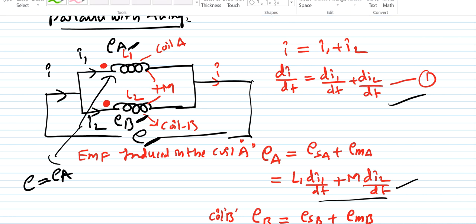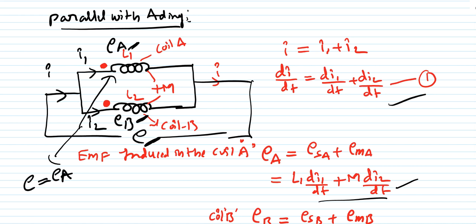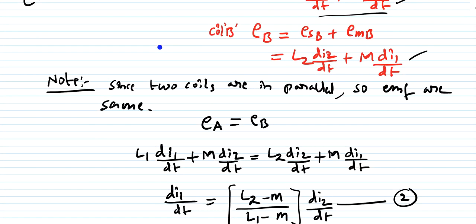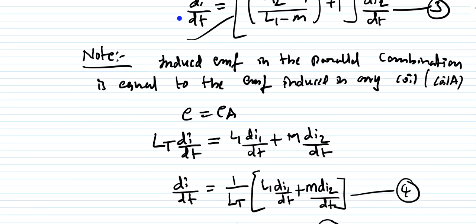If suppose my dot polarities are different, maybe here my dot polarity and here this is, then in that case my induced fluxes are opposing each other, therefore the induced mutual EMF is getting negative M. Do the same analysis. The analysis you have done for this one, you do the same analysis for this derivation.